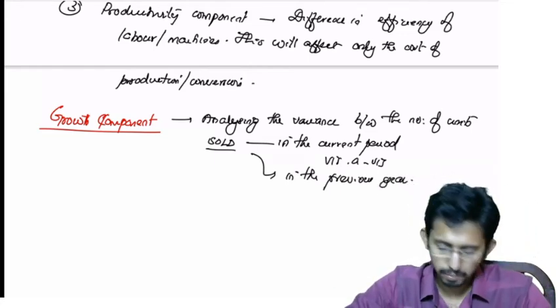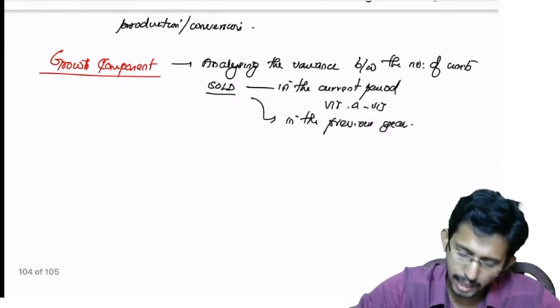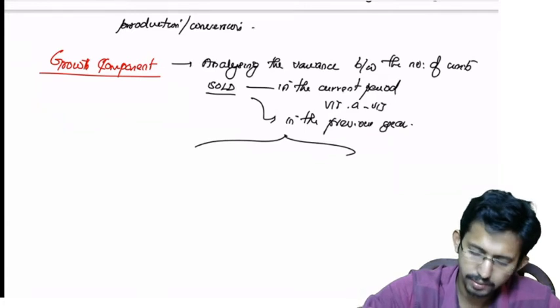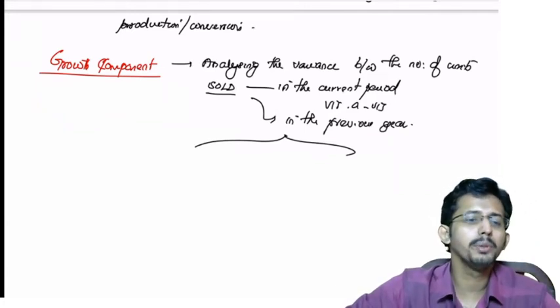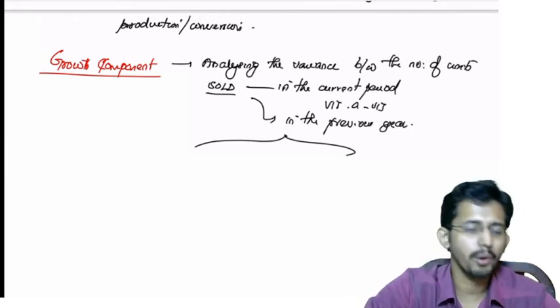Okay, now this growth component or this variance in the number of units can be due to two reasons. Okay, the number of units sold increases or decreases. There could be two reasons for it.